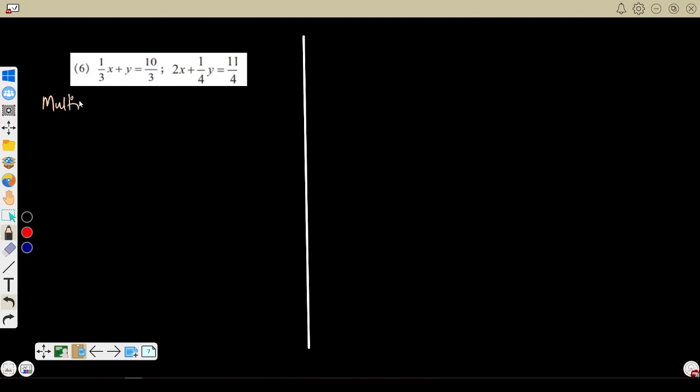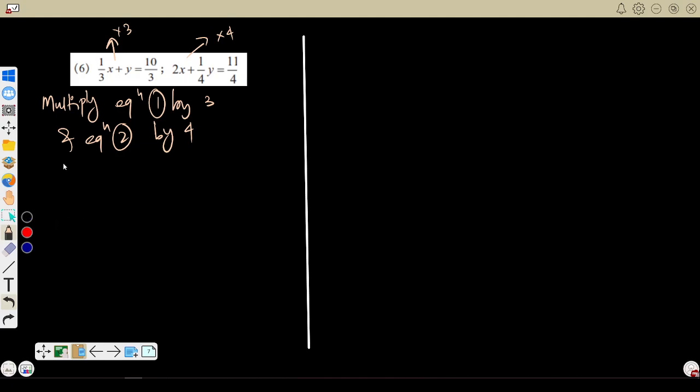If I multiply equation 1 by 3 and equation 2 by 4, so when I say equation 1, we are talking about this, and equation 2 is this. I will multiply this equation by 3 and this equation by 4.